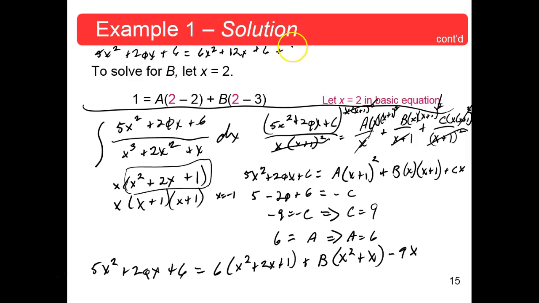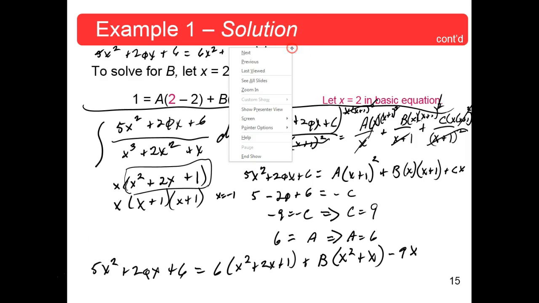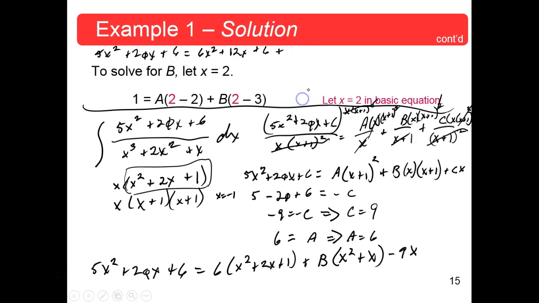What's next? Yep. Bx squared plus x squared plus b.